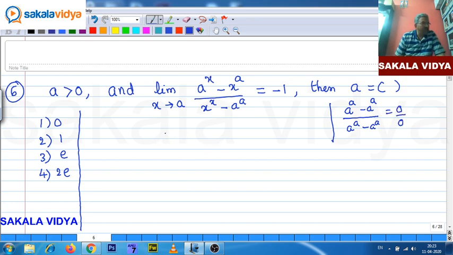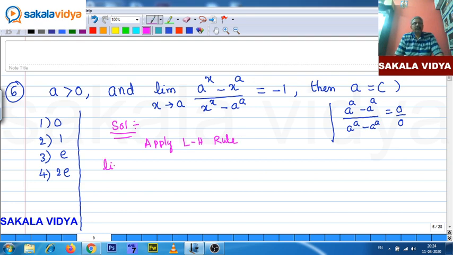So now the solution, apply L'Hospital's rule.